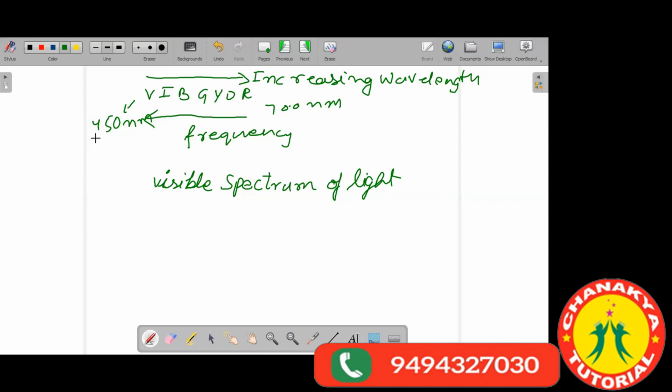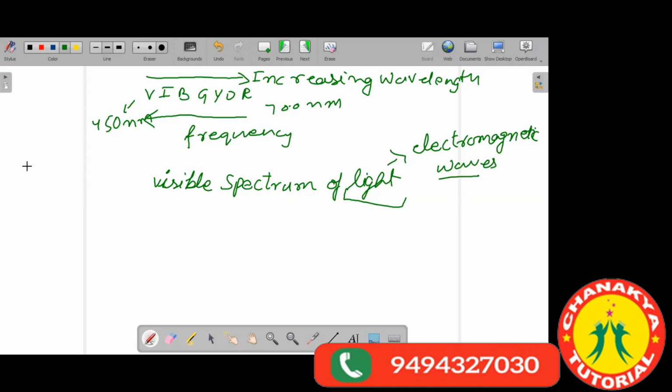Especially when I say light, light does not only mean this visible spectrum, it means the complete electromagnetic wave. We are talking of all electromagnetic waves. But for your grade 10, when I say light, light just means this visible spectrum.